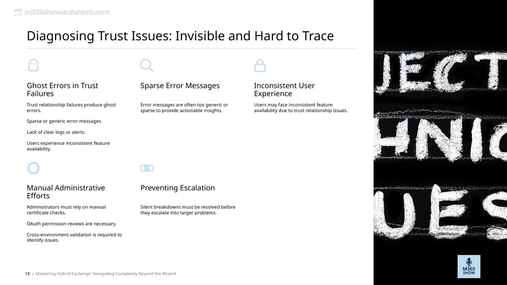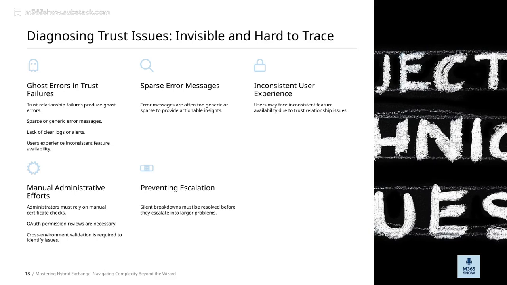But these efforts require a lot of manual work, which can be quite burdensome. For example, users might experience inconsistent feature availability because trust relationships aren't always reliable or properly configured. This leads to inconsistent user experiences, which can be frustrating and confusing.